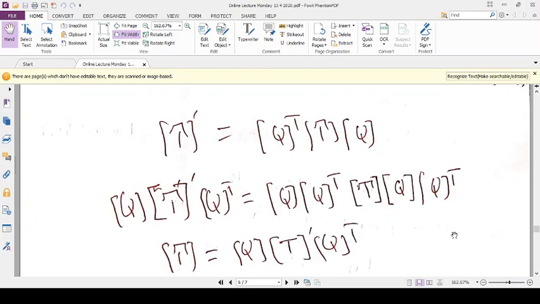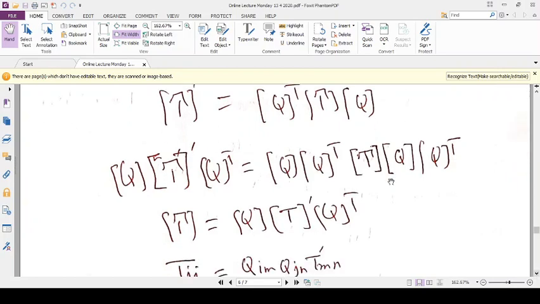Now if you have T dash inside the bracket, then this T and this T dash will be two different tensors. So if we operate Q from the left side and transpose from the right side, then we have this equation.